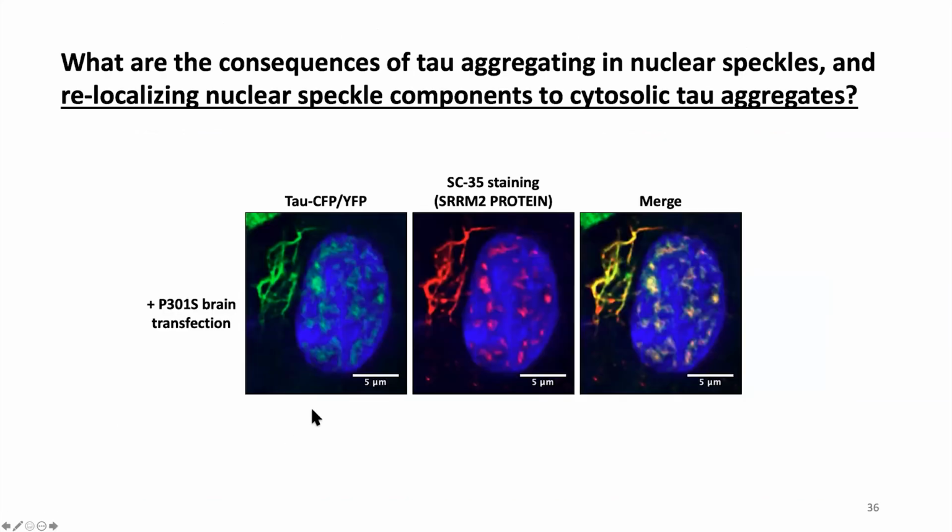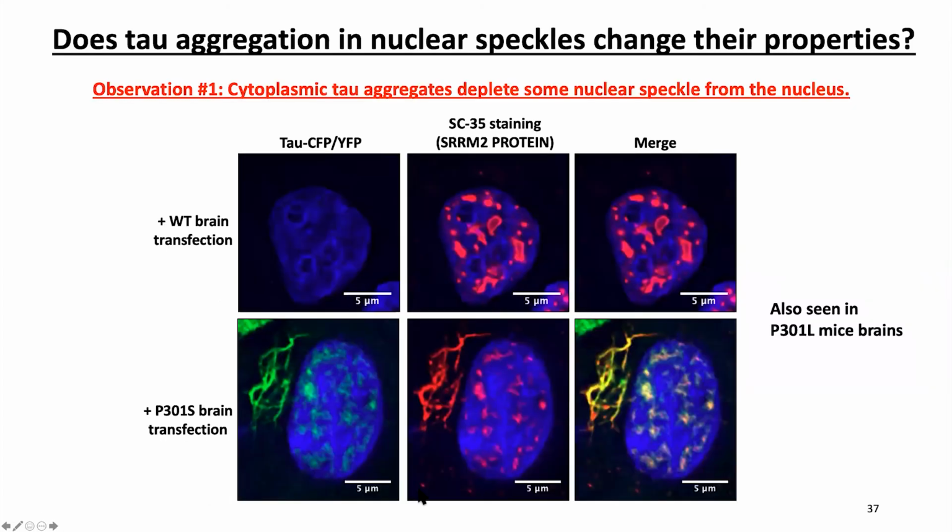All right, so what happens when a protein moves from the nucleus to these tau aggregates? In particular, we're very interested in what happens to these nuclear speckles. And I'm going to show you a few things that change. So one thing that changes is that the protein is in the wrong place. Here we're looking at this SRM2 protein, and these two images are taken under the exact same exposure times and brightness.